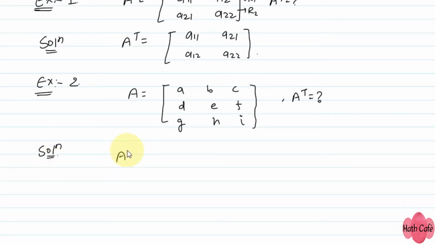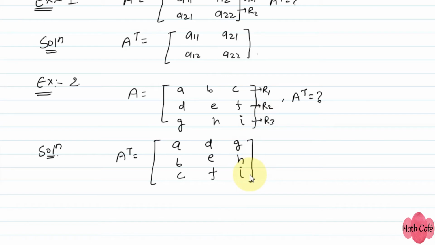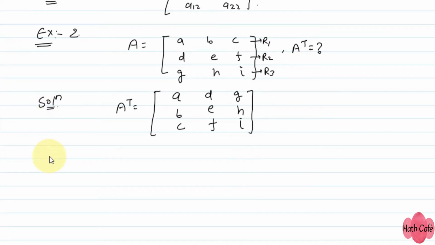A transpose will be obtained by interchanging all the rows and columns. So row number 1 will become column number 1, so A, B, C, and row number 2 will become column number 2, so D, E and F, and row number 3 will become column number 3, so G, H and I. Alright, this is simple.